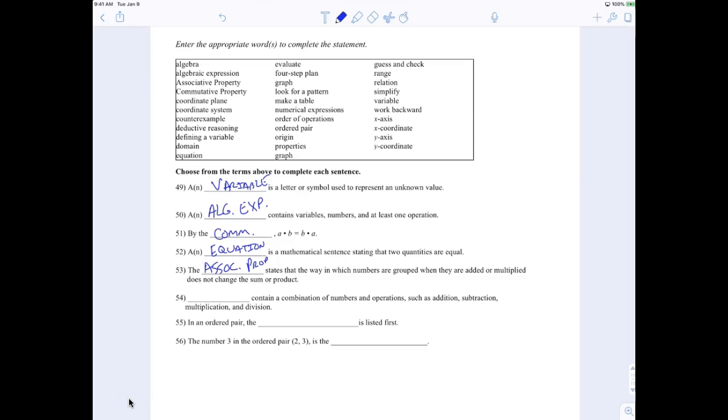What are you thinking? Close. It is the what? Yay, numerical. That's the difference between algebraic and numerical. Numerical just involves numbers. Algebra involves variables. All right? So I want everybody to make sure you got that. Numerical expression. I'm pretty happy with that.